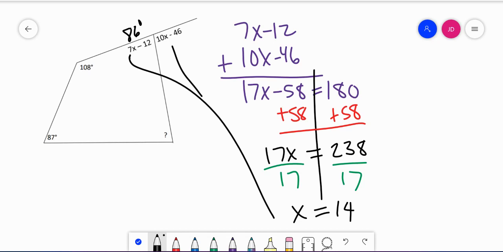We know there are 360 degrees in a quadrilateral. Remember, this is a quadrilateral, four sides: 1, 2, 3, 4. So we do 360 minus 87 minus 108 minus 86 to figure out the missing angle. Why don't we do that in our calculators?